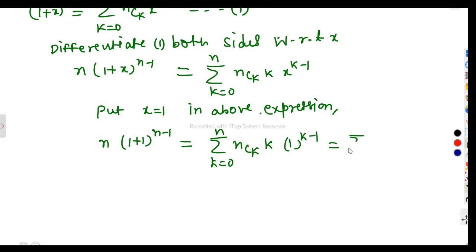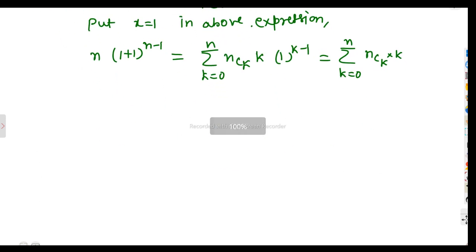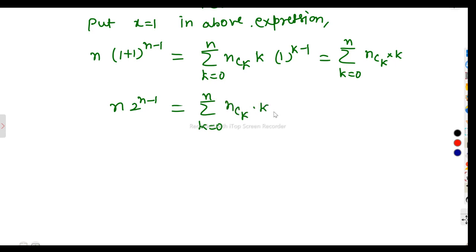So this is n into 2 raised to power n minus 1, equal to the summation k equals 0 to n of nCk times k. Take this as equation number 2.